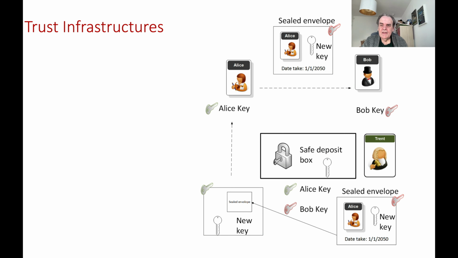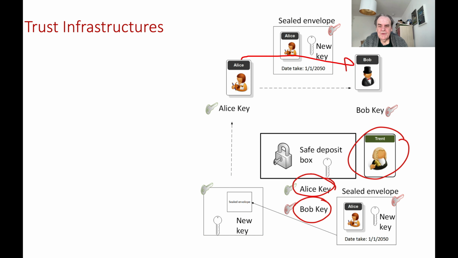The way it can work is that we have a trusted key distribution center, in this case called Trent. It will store Bob's key and Alice's key securely, and now Alice wants to communicate with Bob. Alice doesn't go to Bob directly. Alice goes to Trent and asks if it's okay to talk to Bob.